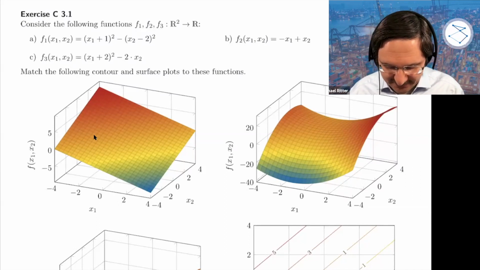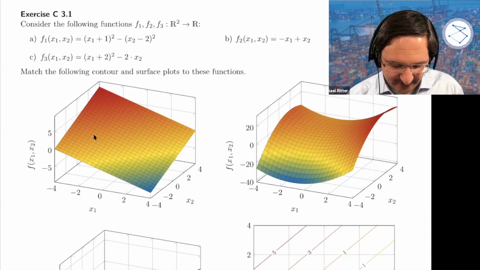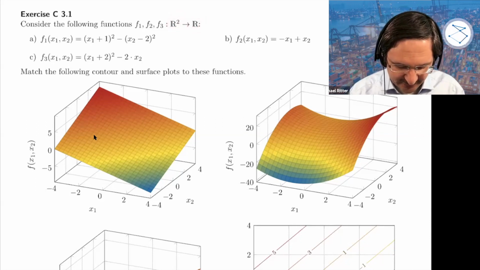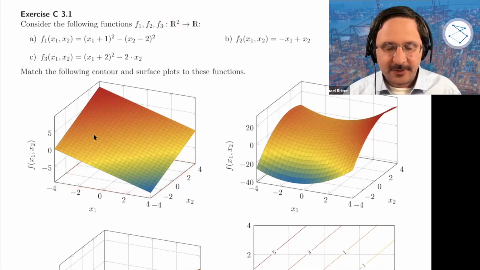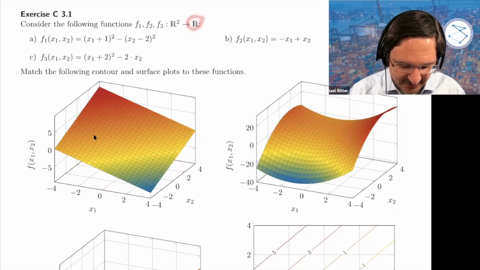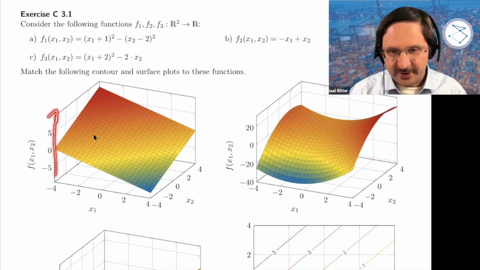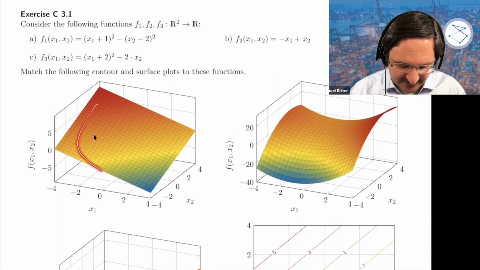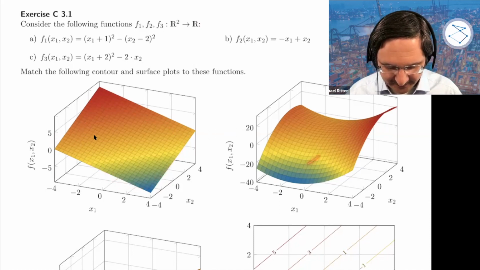One are surface plots, where these are all functions from R2 to R. The idea is to regard the x1, x2 plane as the coordinate plane, and to each point of that plane, we assign the value of the function as the 3rd coordinate in that direction. That yields a surface like this, or that.